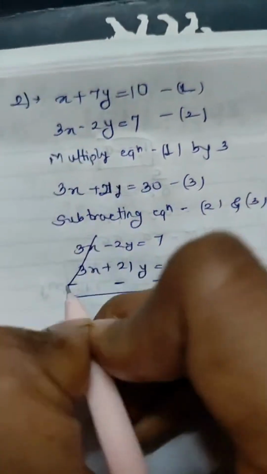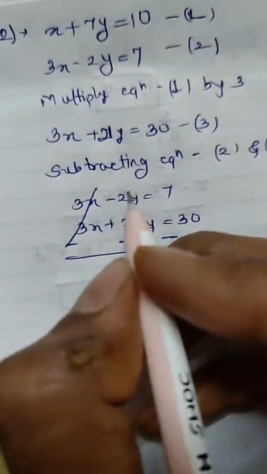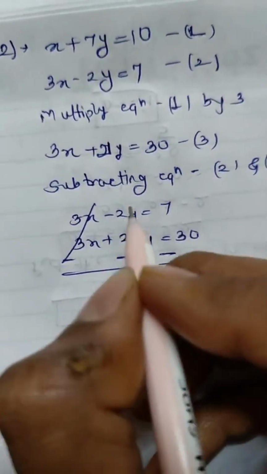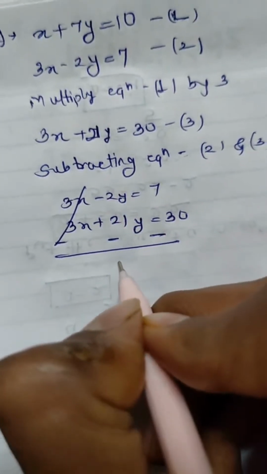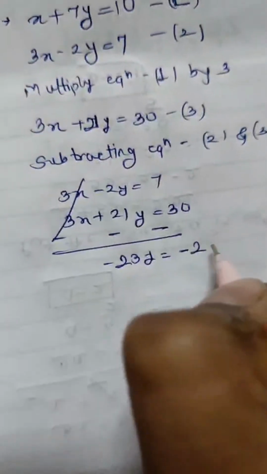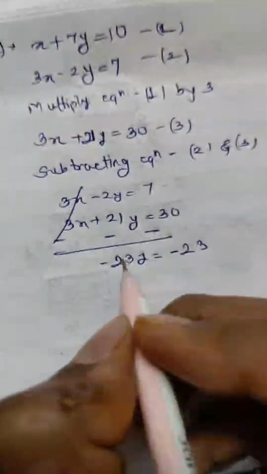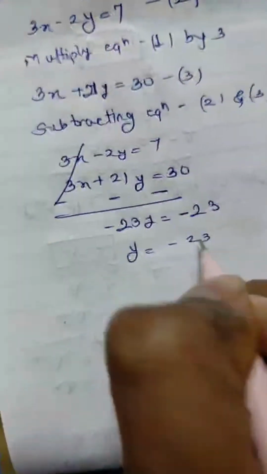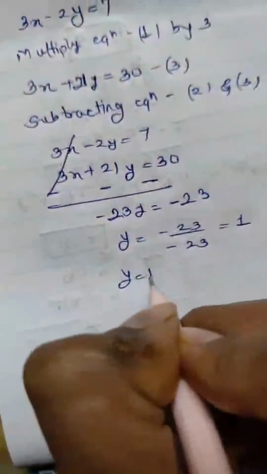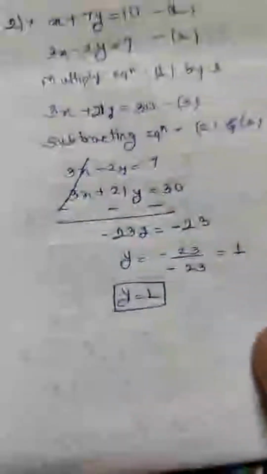So plus 3x minus 3x will get cancelled. Minus minus will become plus. 21 plus 2, that is minus 23y is equal to minus 23. y is equal to minus 23 divided by minus 23, which is equal to 1. So y is equal to 1, we have got this value here.